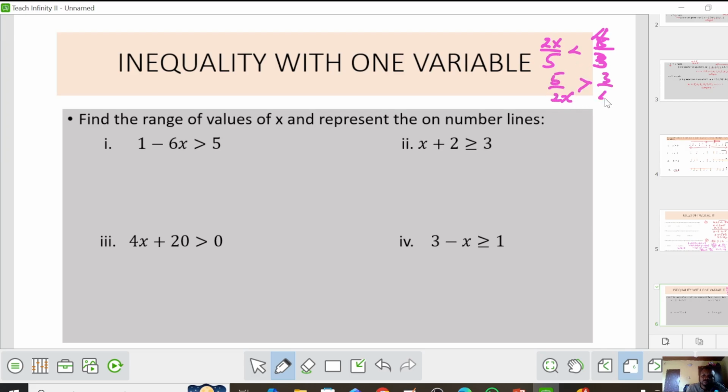So this one will become 3 over 4. If you take the inverse of this one, you must also take the inverse of this one. Just turn it upside down. As you turn both sides upside down, the inequality operation will reverse.